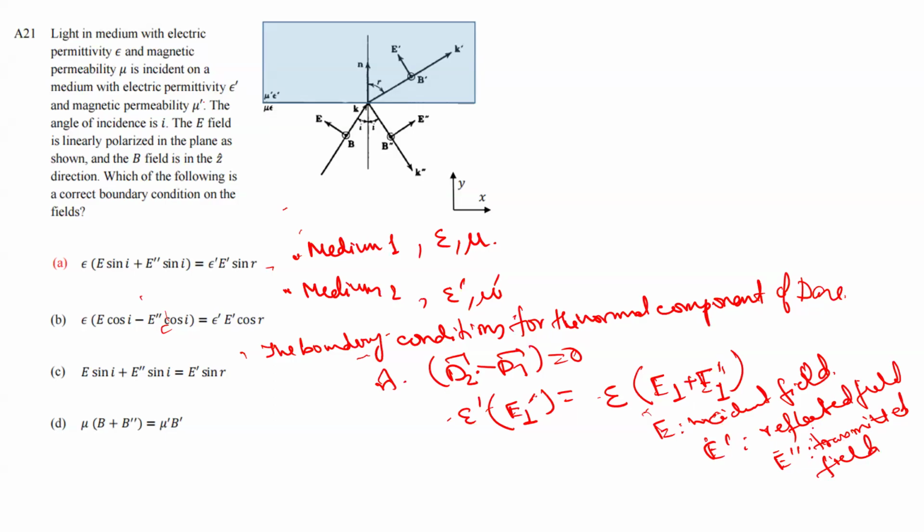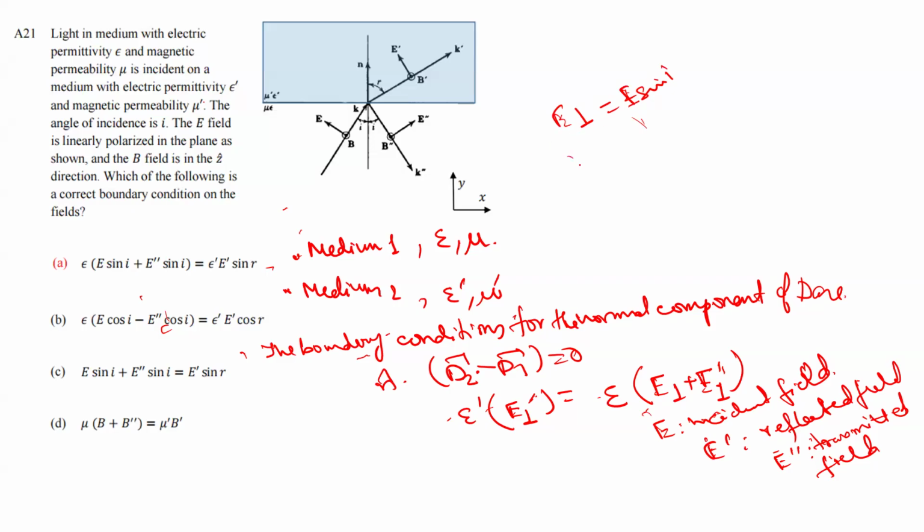We recall the component perpendicular to the interface, the y direction, is proportional to the sine of the angle. So E perpendicular is proportional to E times the sine of the angle, and similarly for the others also.